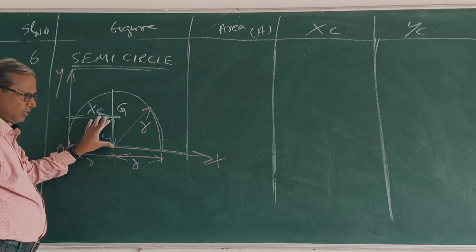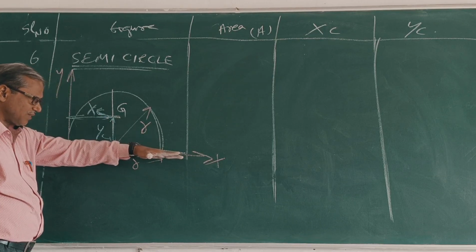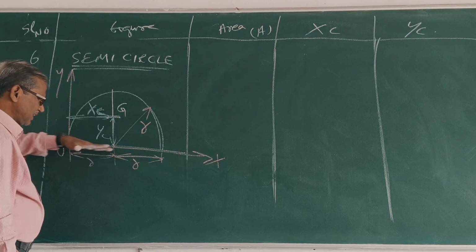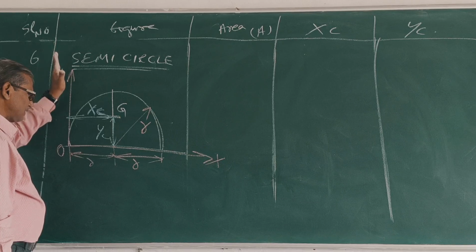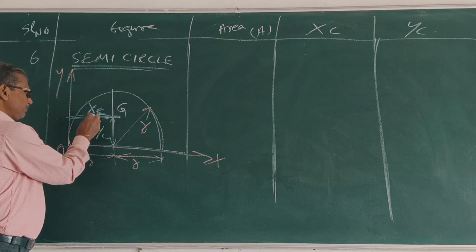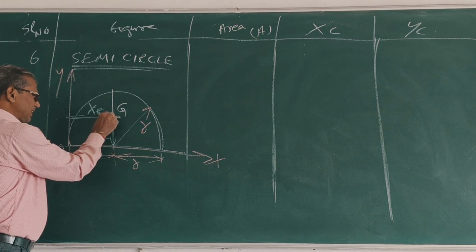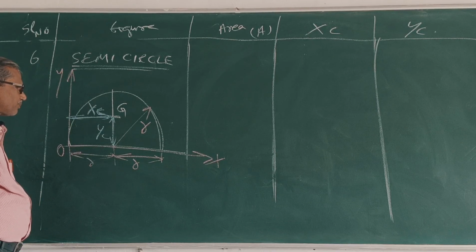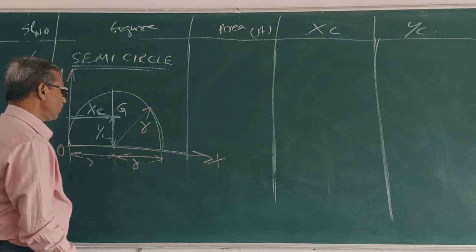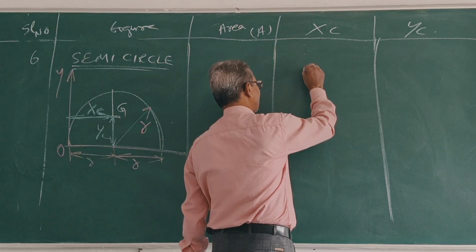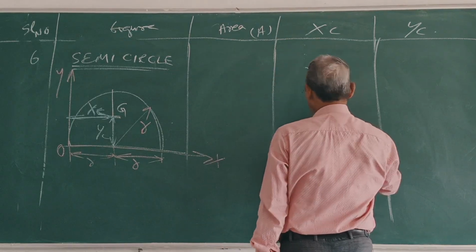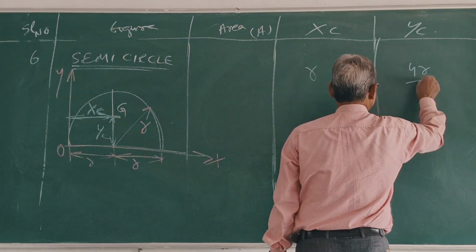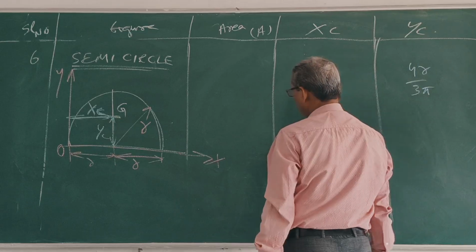If you take this as x axis and this as y axis, what is the CG? This is the CG, xc, yc. Clear? Here, what is xc equal to? R. What is yc equal to? 4r by 3 pi. What is the area equal to?